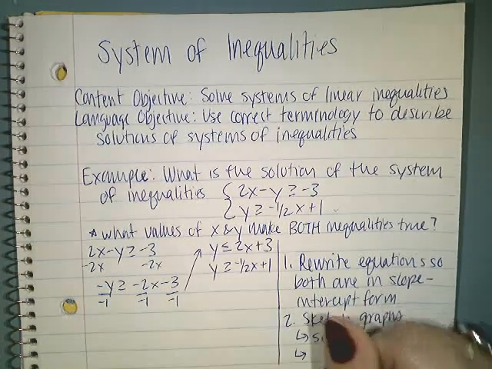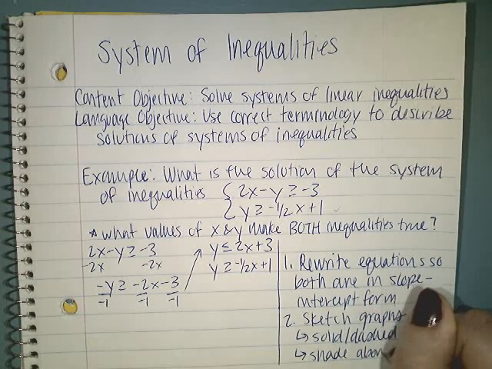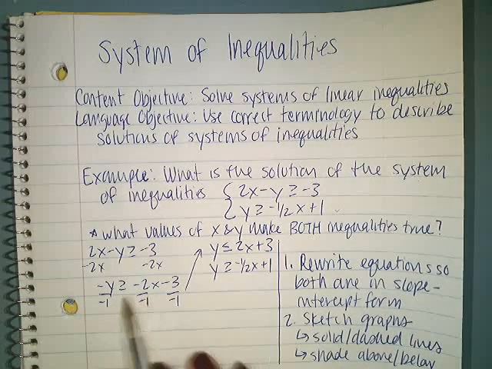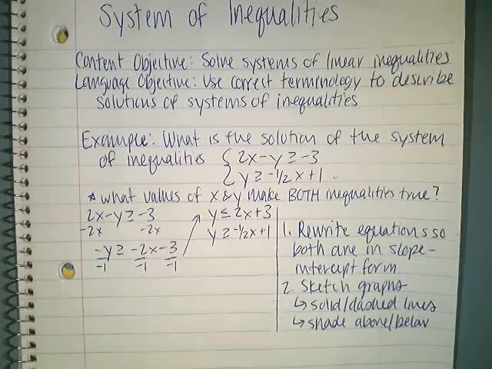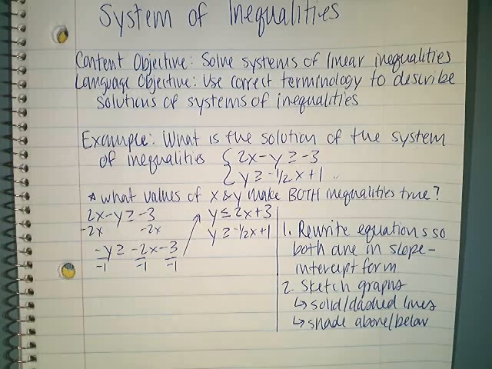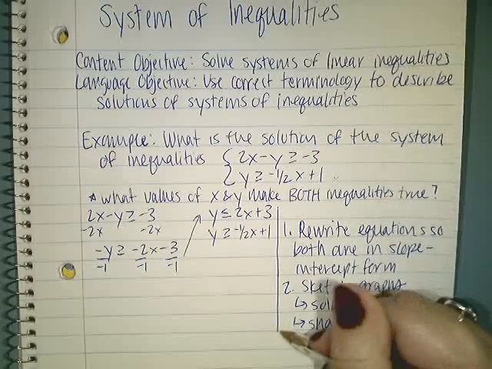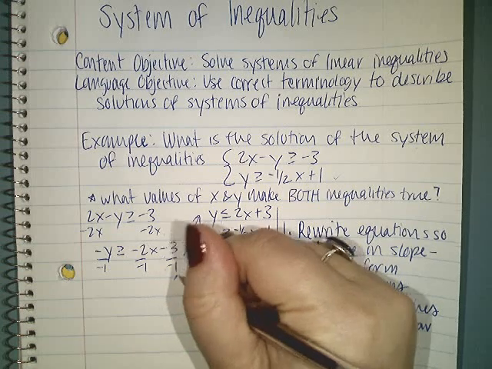And then I also need to pay attention to shading, if I'm shading above or below. So this is also going to be important. That's why it's so important when you're rearranging to remember to flip the inequality sign if you need to, because that's going to make or break your solution set. So now that I've reminded us what we need to pay attention to, I'm going to go ahead and sketch this graph.